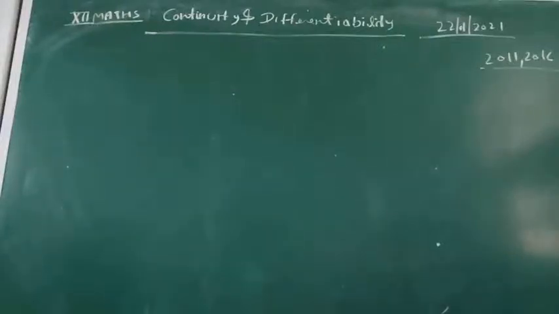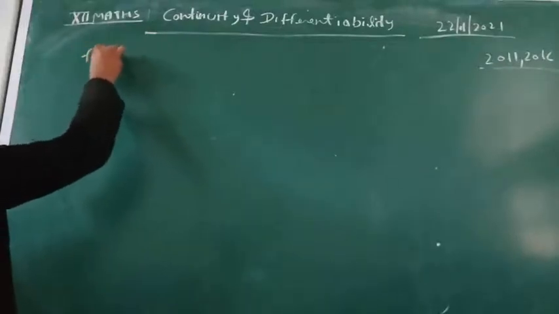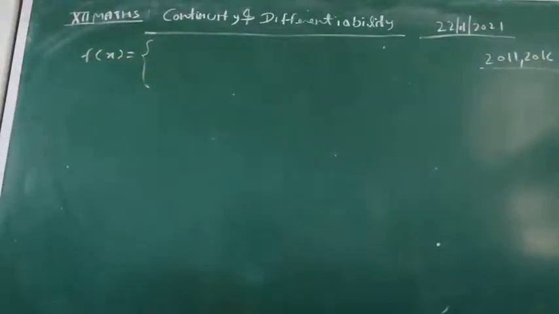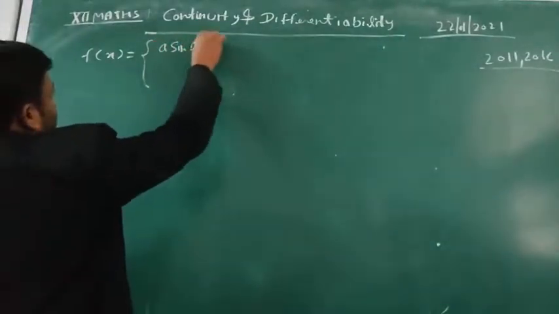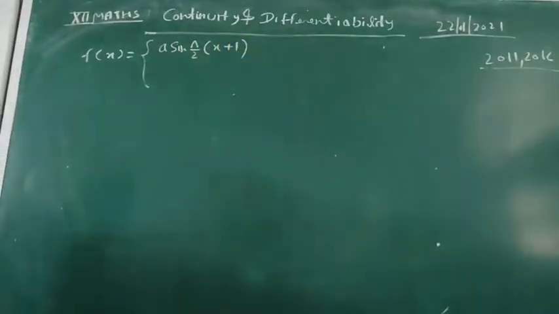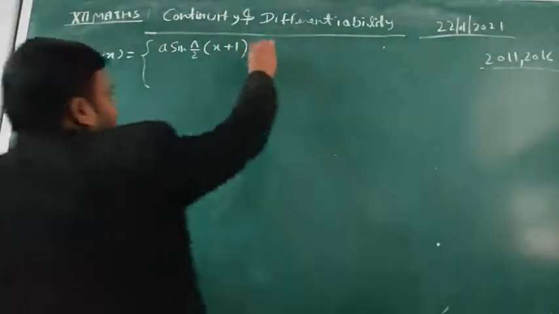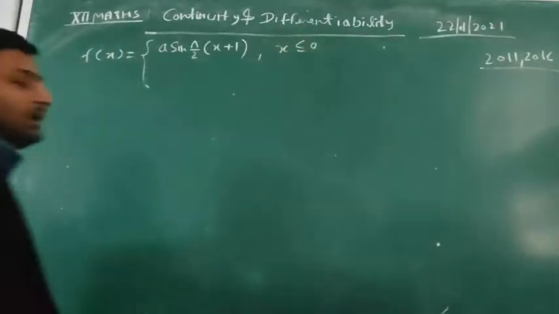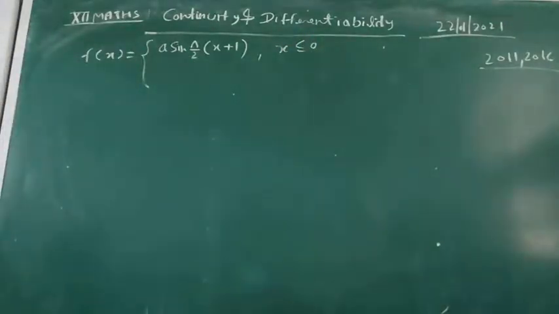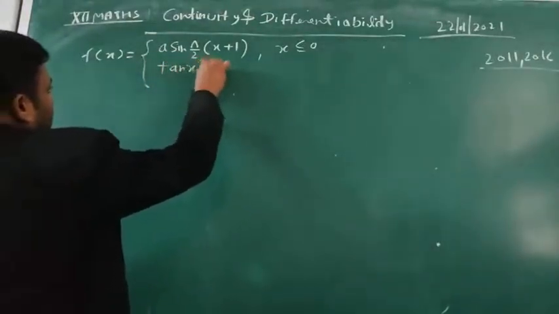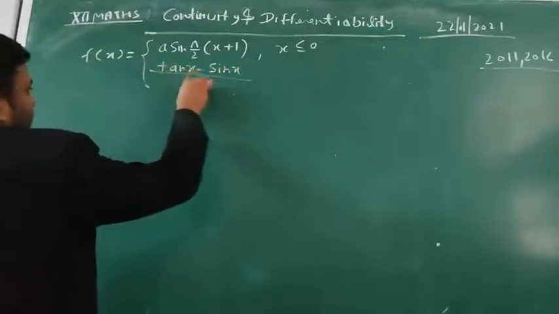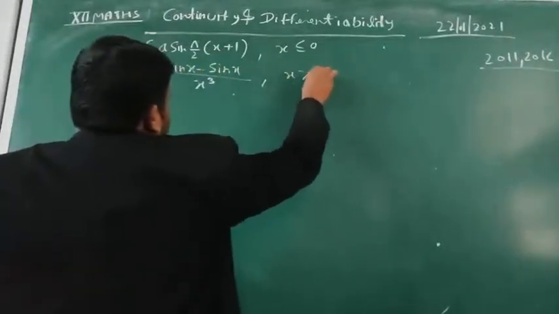So the question is: find the value of a for which the function f is defined as a sin(pi by 2 (x plus 1)) when x is less than or equal to 0, and the second part is (tan x minus sin x) by x cube when x is greater than 0.